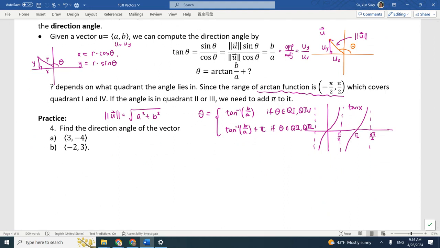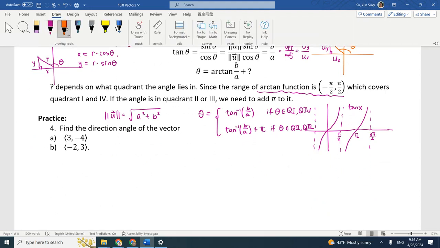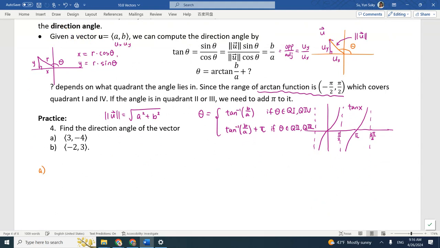So here, number 4, find the direction angle of the vector. Here we are given the component form and we want to find the direction angle. So part A, let's draw a picture. Always draw a picture, then you have an idea where this vector is, which quadrant it lies in. So x is 3, which is positive, but then look at the y.